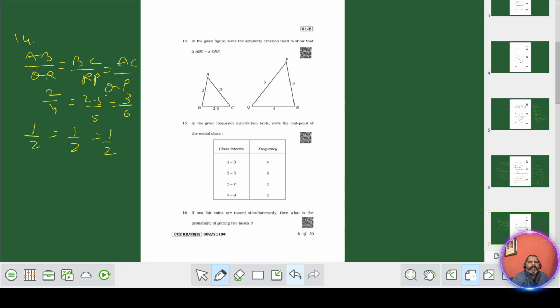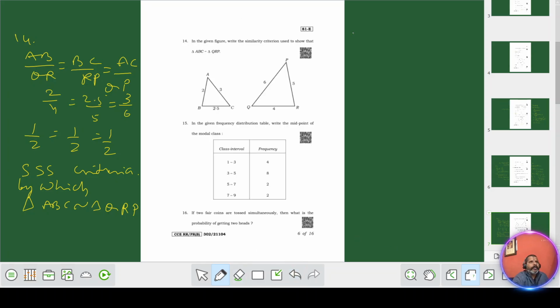So all the ratios here are proportional. Proportional means SSS criteria, by which triangle ABC is similar to QRP.